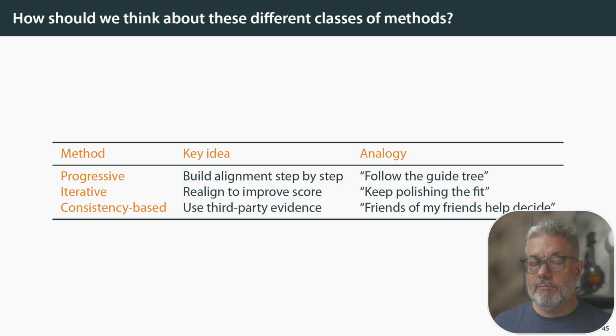Critically, we build the guide tree by only doing pairwise comparisons, and then we follow that guide tree religiously. So it doesn't allow us to go back, doesn't allow us to look at the choices that we made, it doesn't allow us to consider any repositioning of gaps.